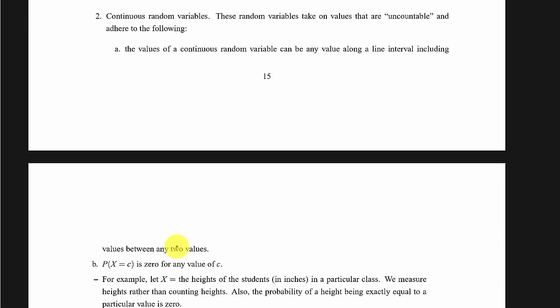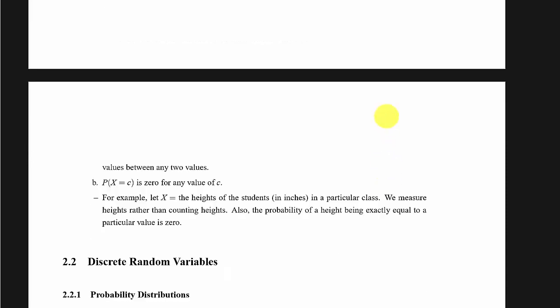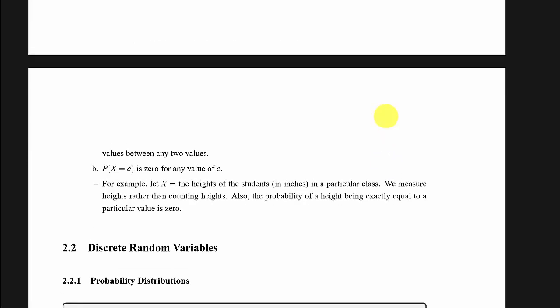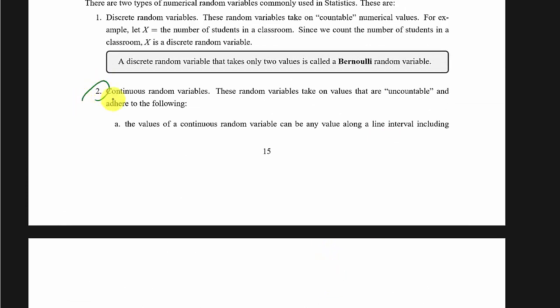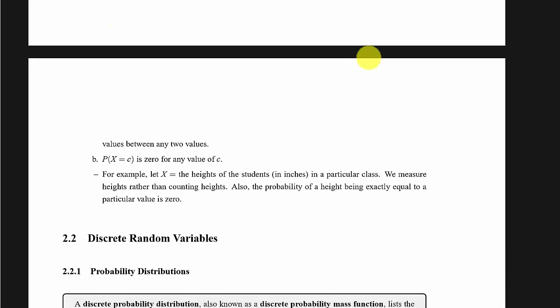When we're talking about a continuous random variable, you're not going to be able to count it. And the probability of X equals c is 0 for any value of c. So that's for the continuous random variable.